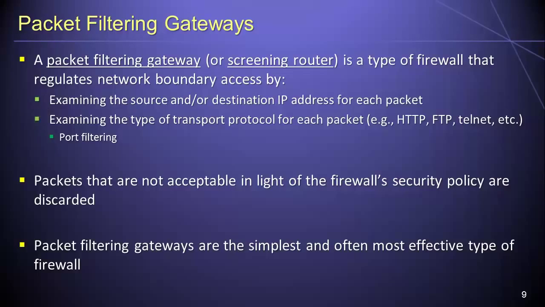Since many of these communications protocols are assigned to standard port numbers, packet filtering gateways can often filter data simply by considering the ports to which data are being directed.